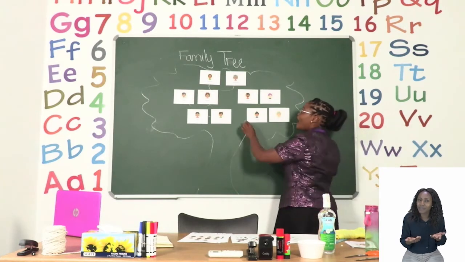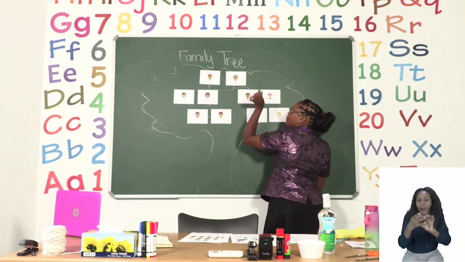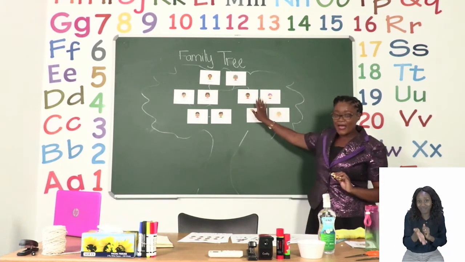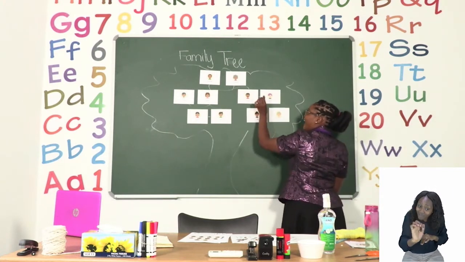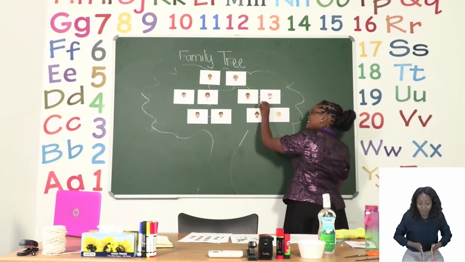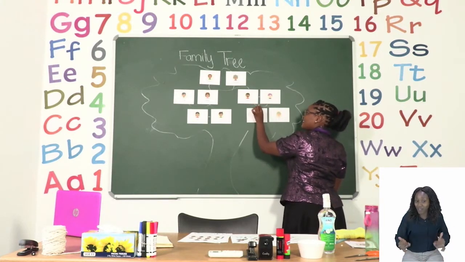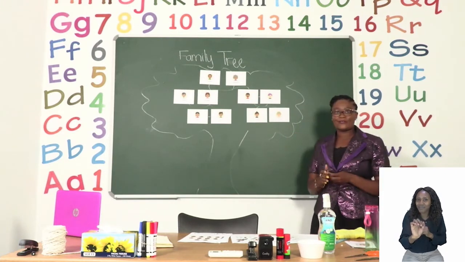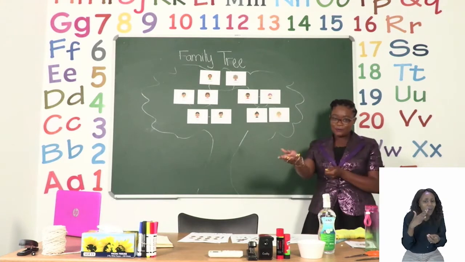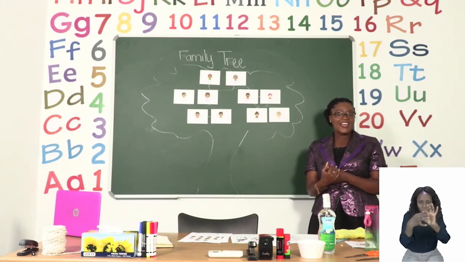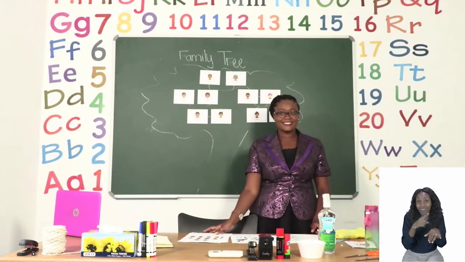Then we have uncle. Uncle is mother's brother. He married your aunt, and they had your cousins. The two of them have your cousins. This is why it is like a family tree, because when we are drawing it, we are connecting each person like branches.